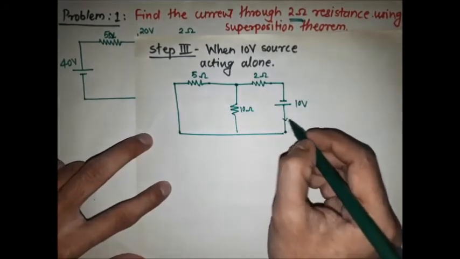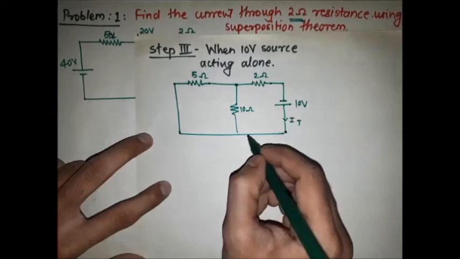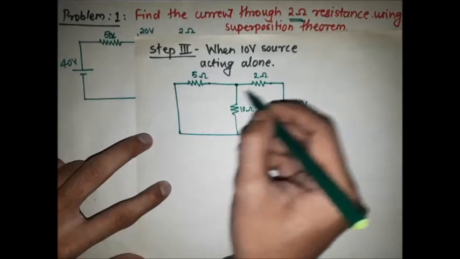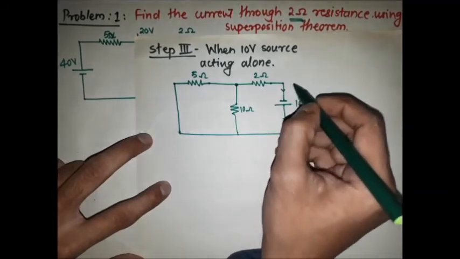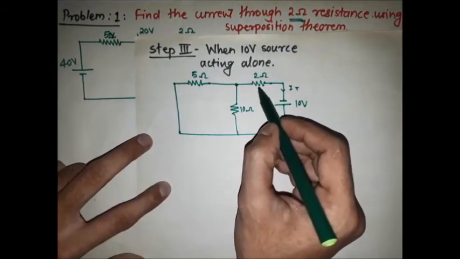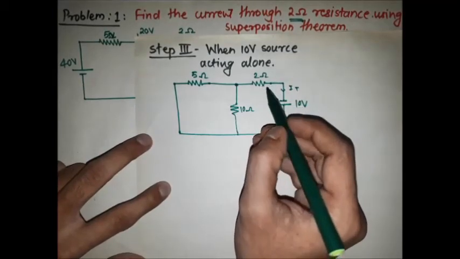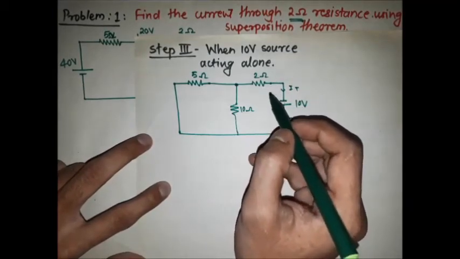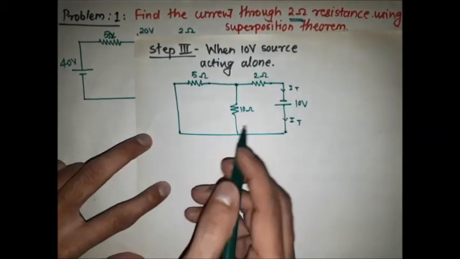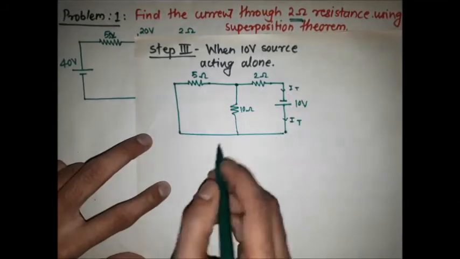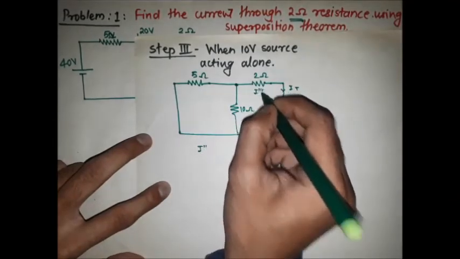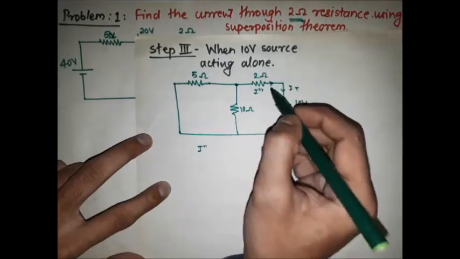Here the total current flowing through the battery is in this direction, and this total current flows in the circuit and comes to the node, which is IT. So the current flowing through the 2 ohm resistor is the total current. Here there is no need to apply the current division rule. So we have to find the total current, which I am considering as I triple dash, and its direction is to the right hand side.